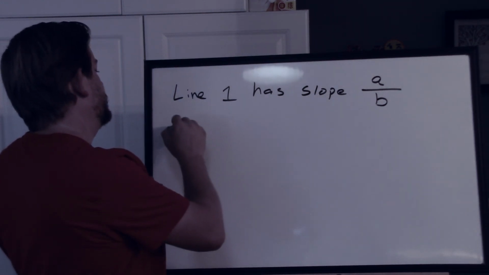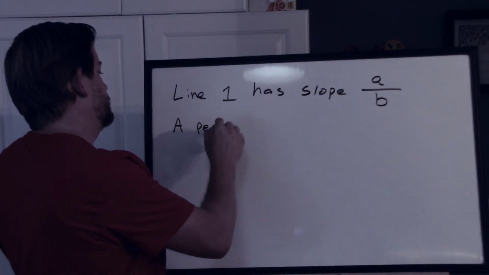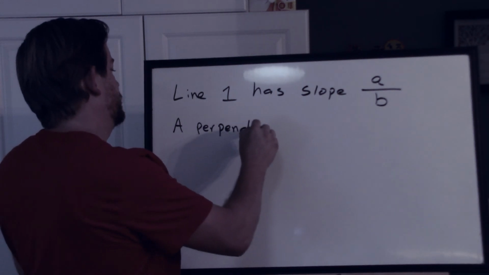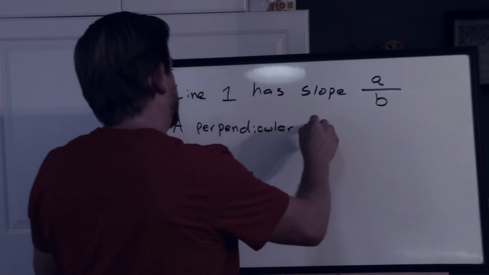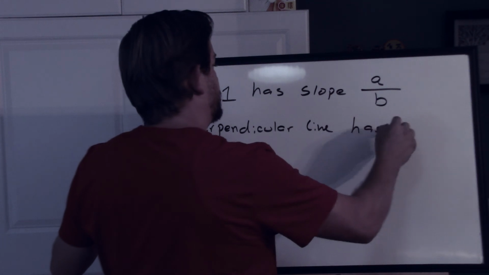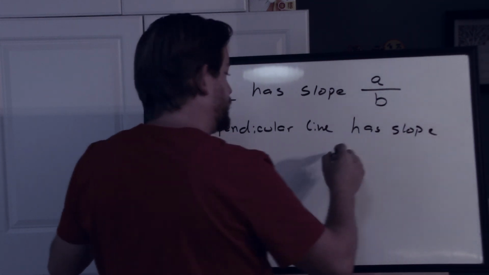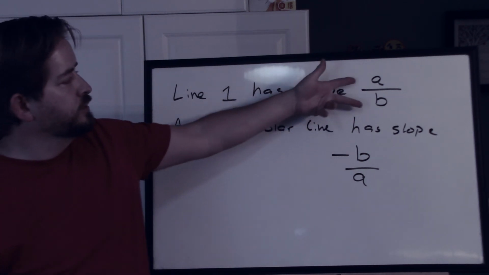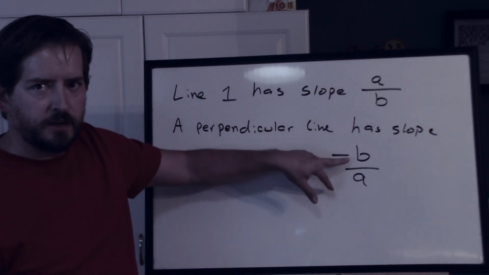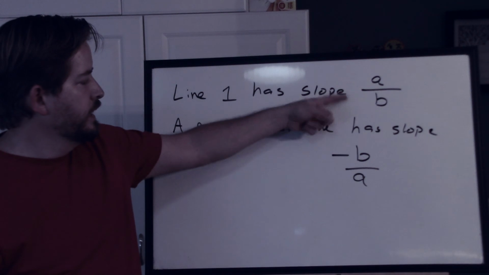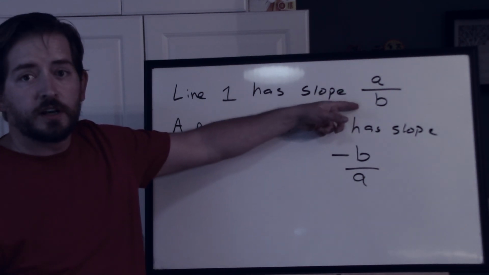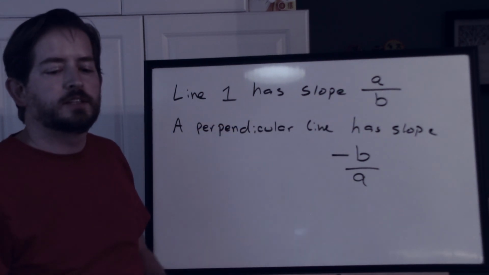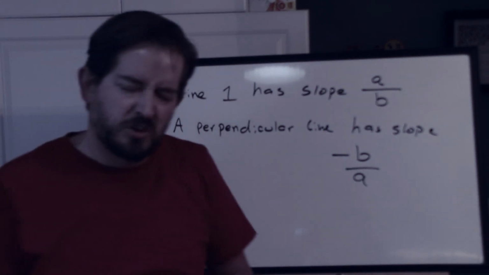A perpendicular line has slope of negative b over a, right? So you do two things. You flip it upside down, a over b becomes b over a, and it becomes negative. If it started out negative, it becomes positive, and that's your perpendicular line, or your perpendicular slope.